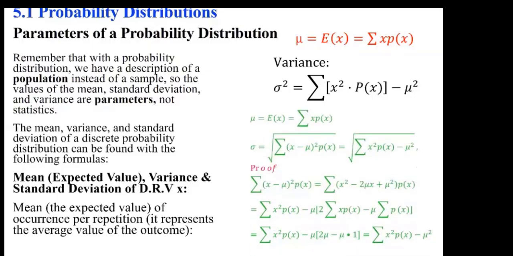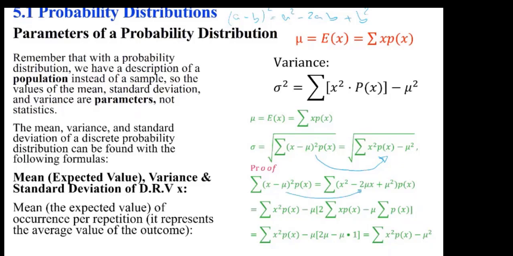Now, what I want to quickly show you: I used to prove a lot of things, and I noticed not a lot of students were following, so I'm just going to give you the proof. You can go over that. A couple of things that I want to mention is how we go, for example, from here underneath to here. You can expand x minus mu squared. So x minus mu squared becomes x squared minus 2 mu x plus mu squared.